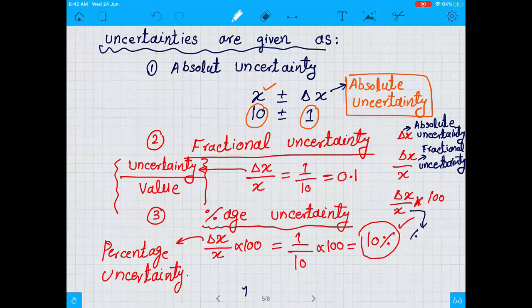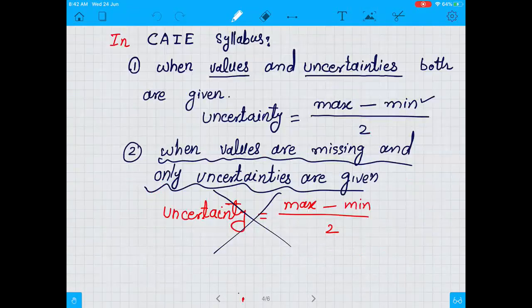And when we get a problem where only uncertainties are given and the values are missing, then you cannot use this formula maximum minus minimum over 2.